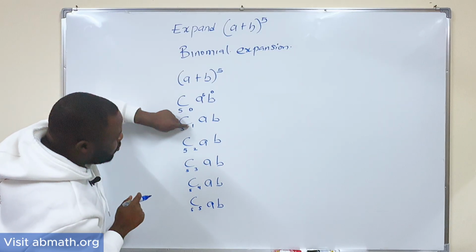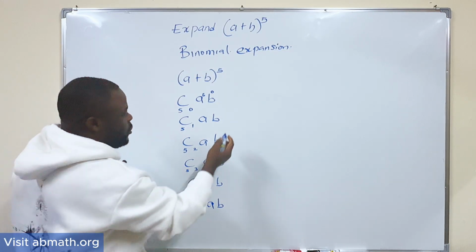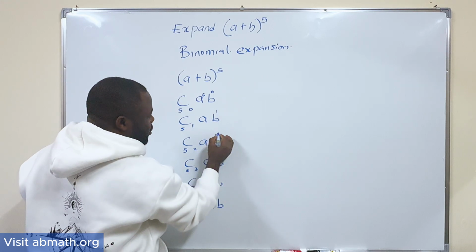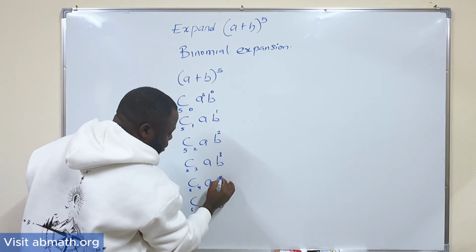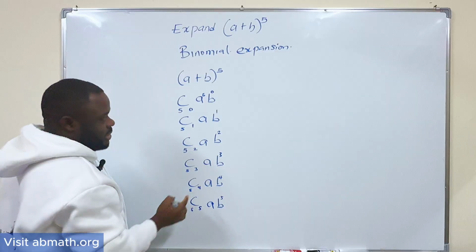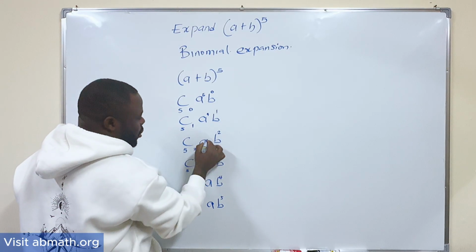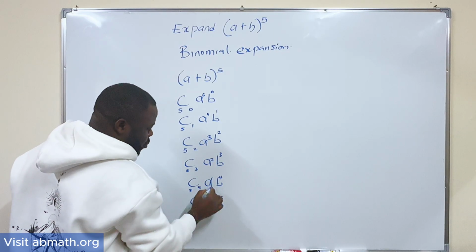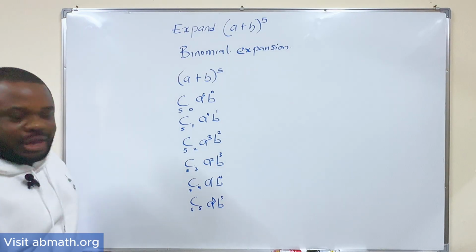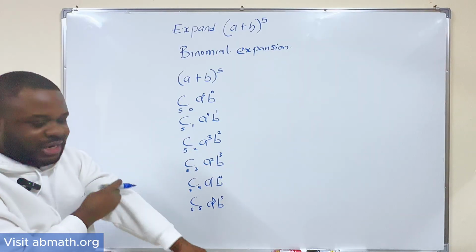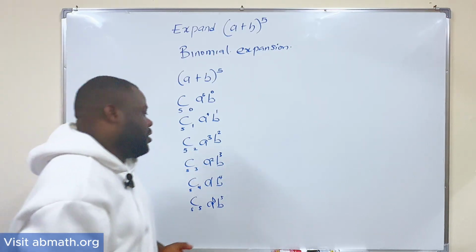You can see it's 0, 1, 2, 3, 4, 5, so this will be 1, 2, 3, 4, 5. But the first term will be reducing, so we now have 4, 3, 2, 1, 0. Just follow that pattern and you'll be able to get your expansion.